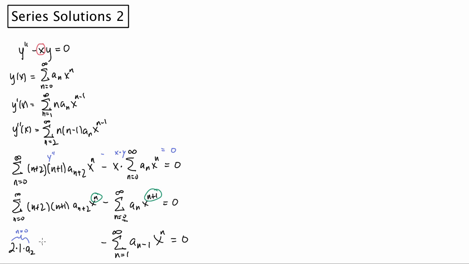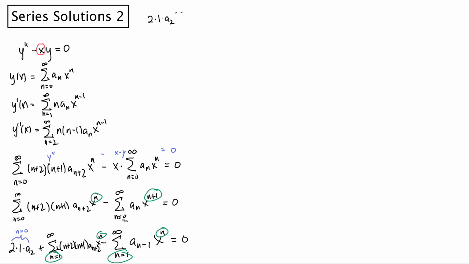And then I start the sum at 1. And so what you notice is my powers are the same. So now the powers are the same, and the indices are the same. When that occurs, I can then group everything the way I want to. So we've got the constant term.